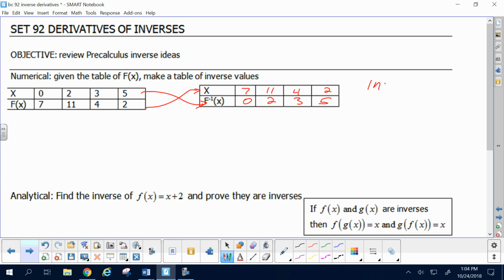All right, and so would you agree the big idea of inverse is the old switcheroo? So the tables should be reversed. Check. Let's go to analytical.